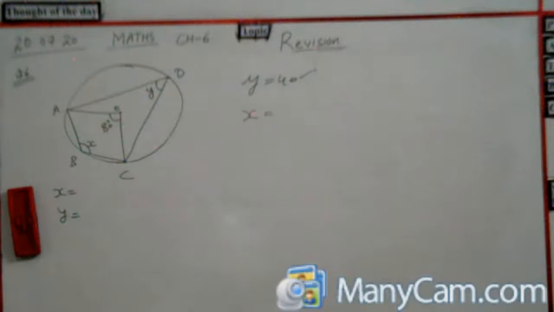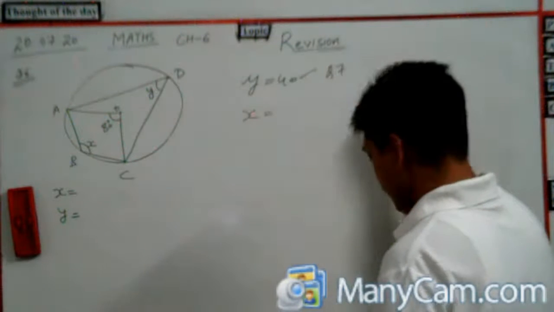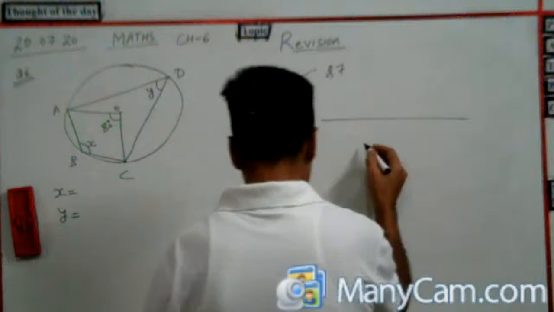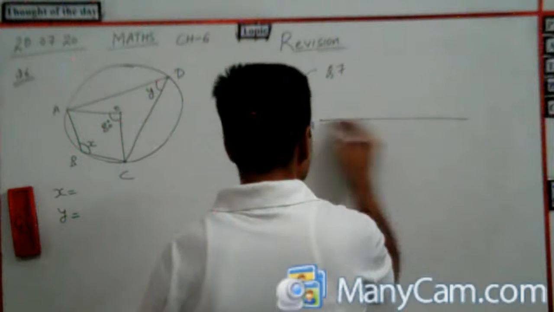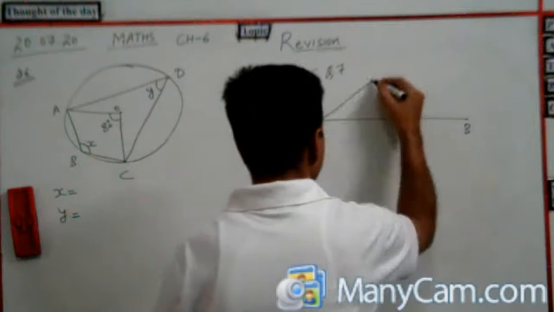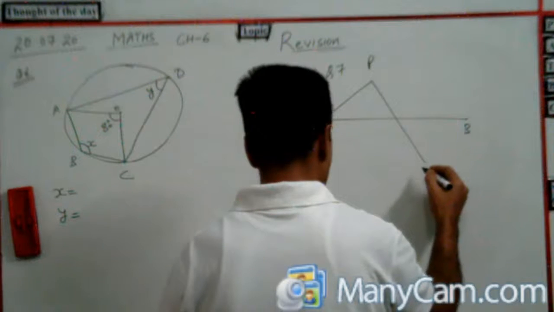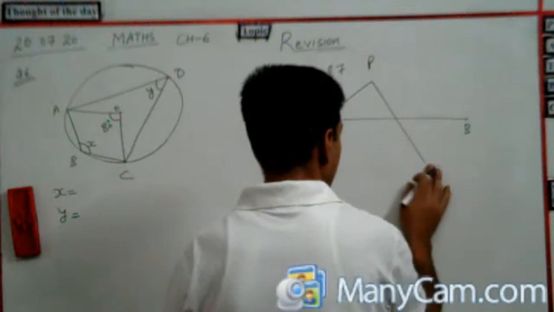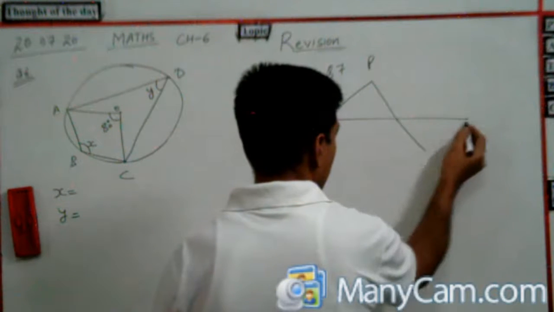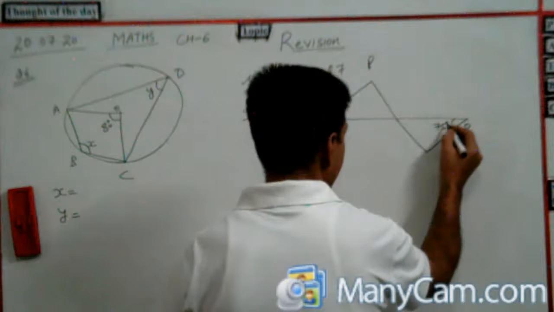I have the next question for you. Solve it fast. Question number 7. One diagram is there. One line we have, that is AB is the line, and P is the point here. Right? This angle is 75.